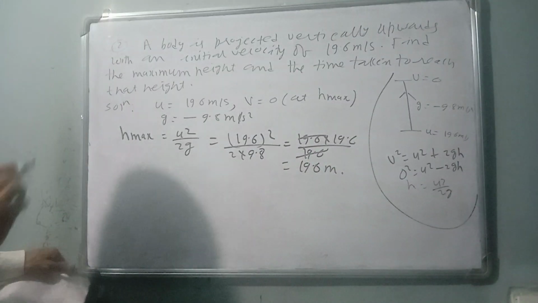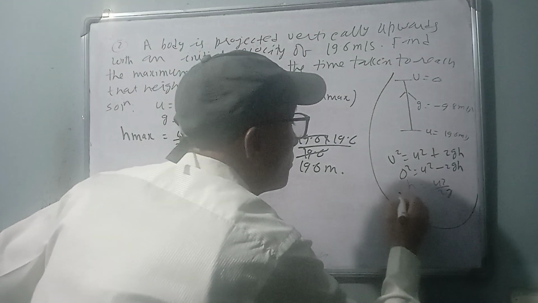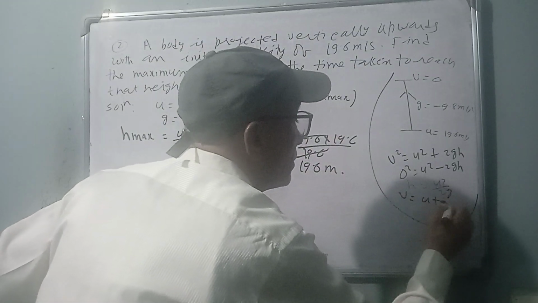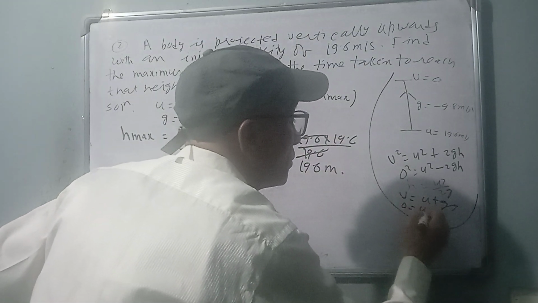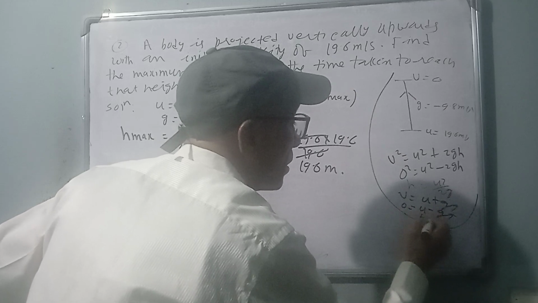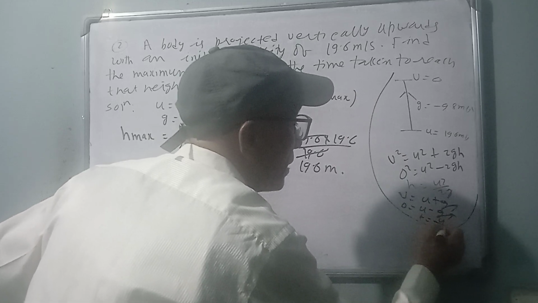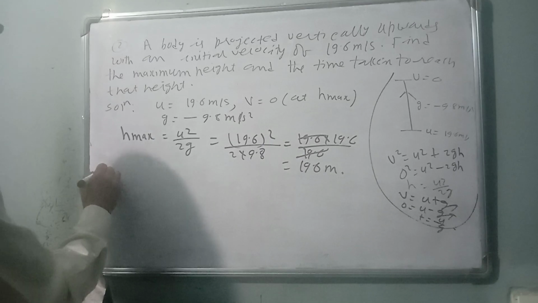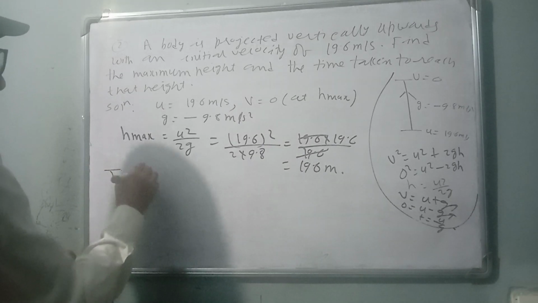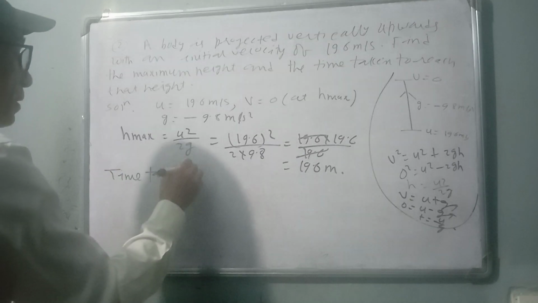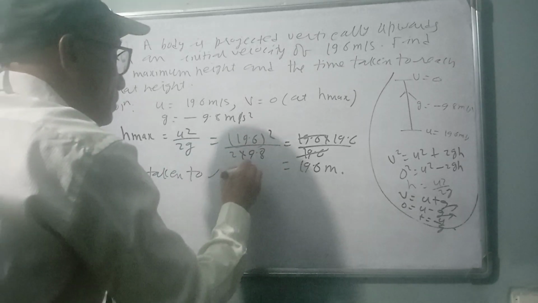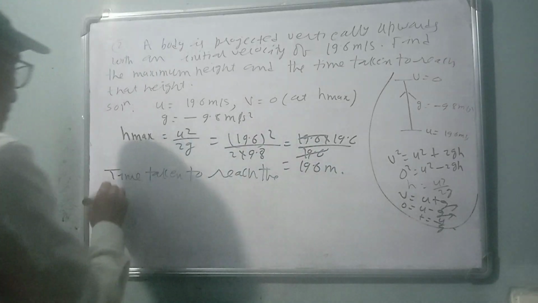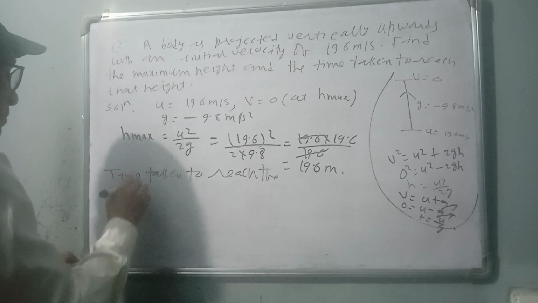And what is the time taken? Since V equals U plus gt, with V as 0 and g negative, 0 equals U minus gt. From here, t equals U by g. What is the time taken to reach the maximum height?